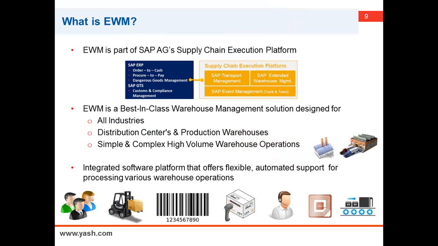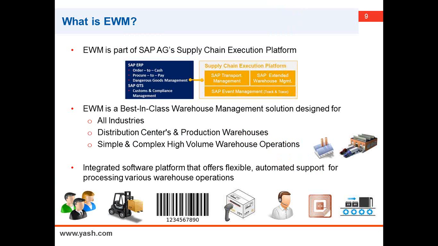So here's a common question, right? What's the difference between the warehouse management functionality that's in SAP ERP, the ECC product, and the Extended Warehouse Management product? Well, we're showing the differences here using a bit of a consumer report style comparison chart.